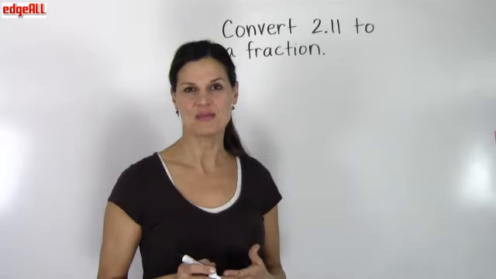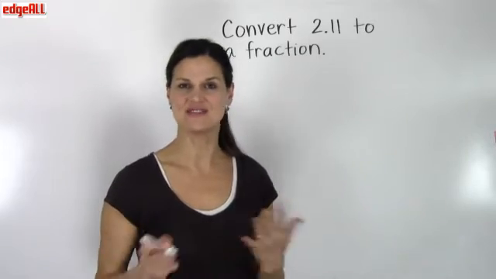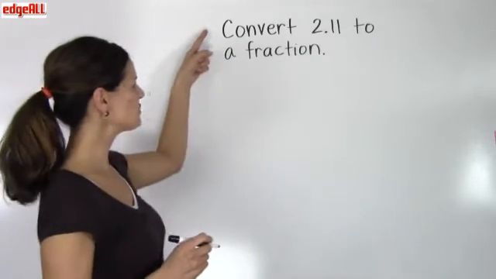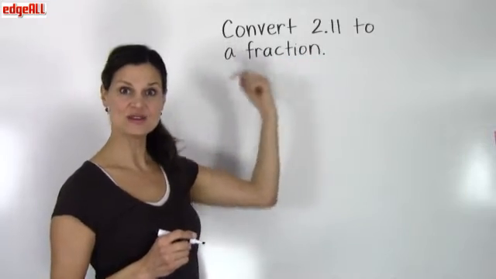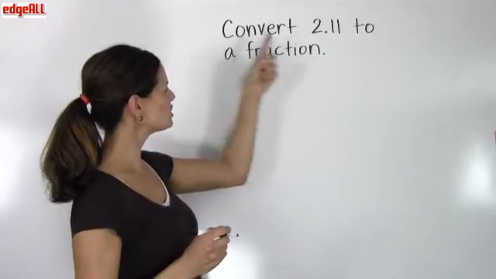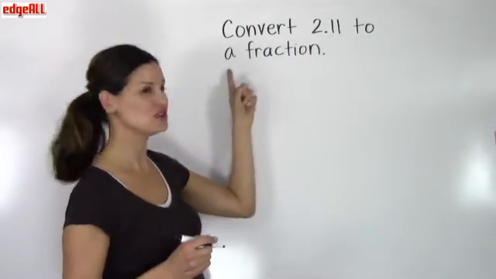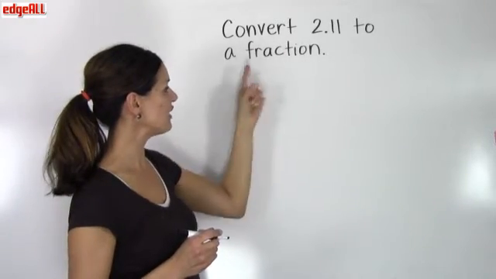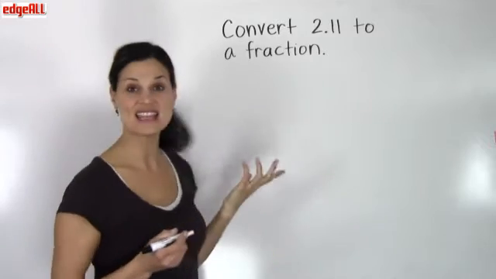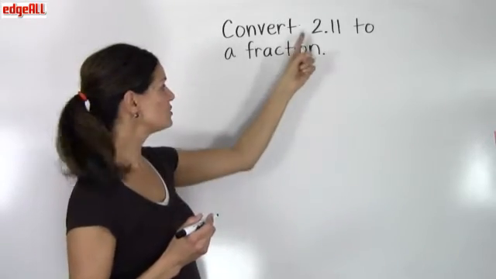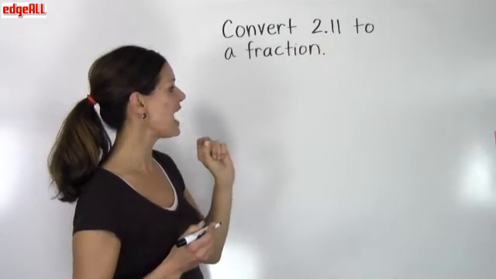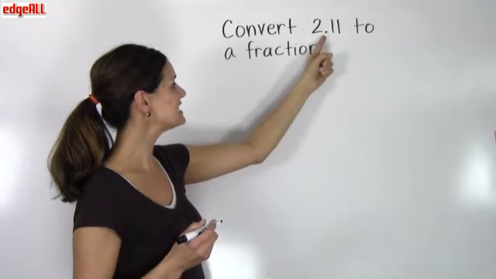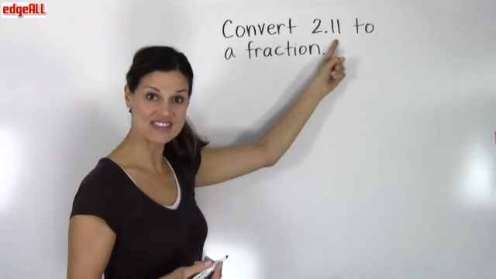The first problem that we're going to look at in our decimals and fractions is a problem in which we're asked to convert a decimal to a fraction. So it says convert 2.11 to a fraction. And so to convert a decimal to a fraction, we simply need to read the decimal aloud. So 2.11 can be read as 2 and 11 hundredths.